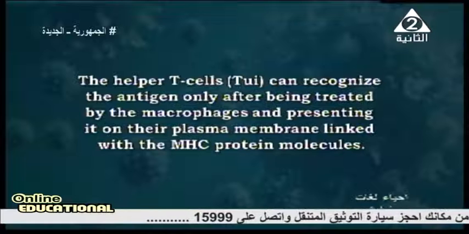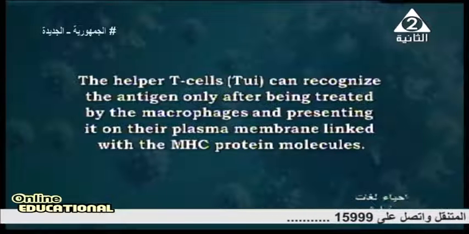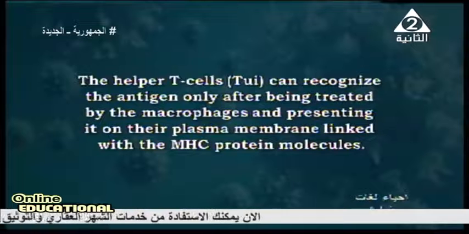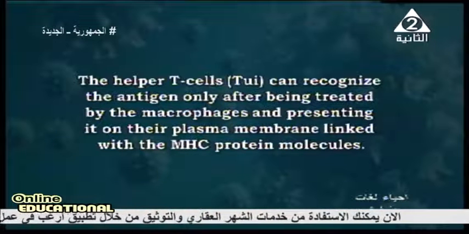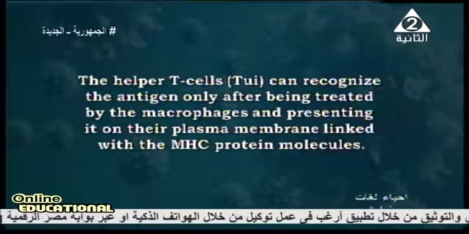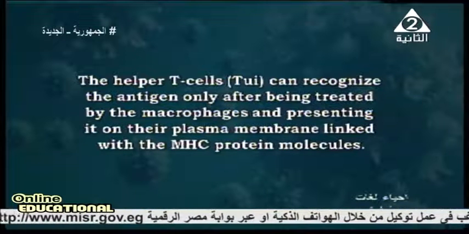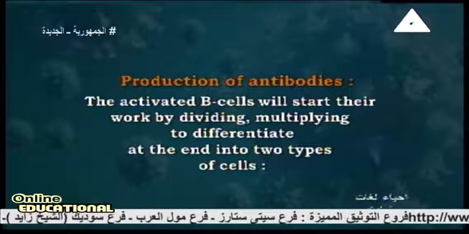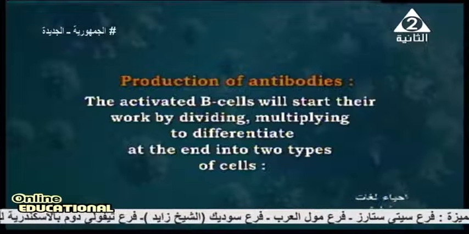The helper T cell, after the antigen has been recognized and treated by the macrophage and presented on its plasma membrane linked with the MHC protein, leads to the production of antibody. These are the antibodies against the microbe.